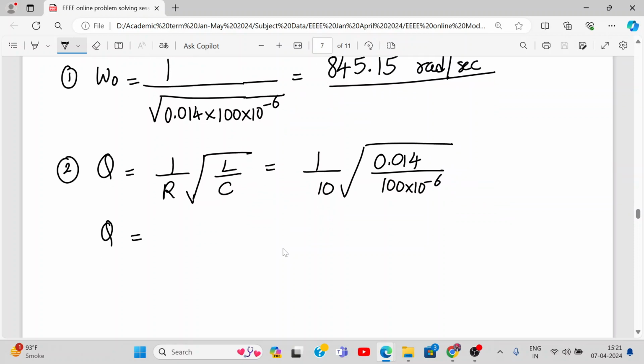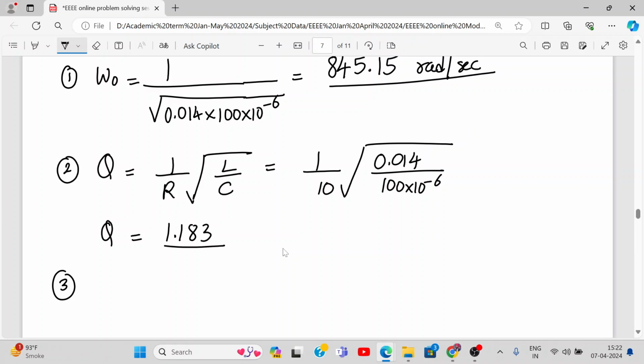How much is the quality factor? Put the units properly, okay? Is it 1 point something, 1.18?